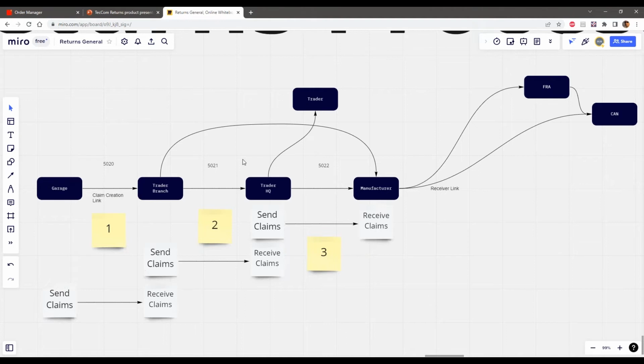Next step is that you send this document with the broken part to the place where you bought it, either directly at the manufacturer, at a trader, or at a supplier, which is somewhere in between manufacturer and trader. The manufacturer then has the same problem.